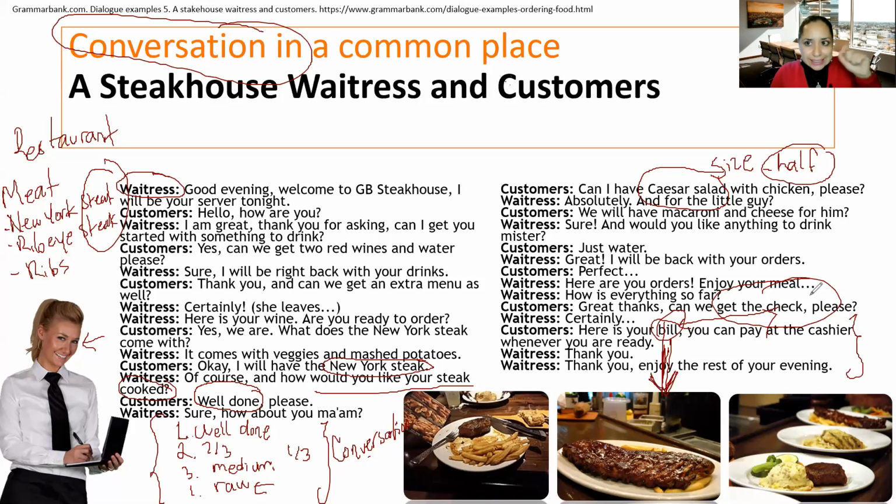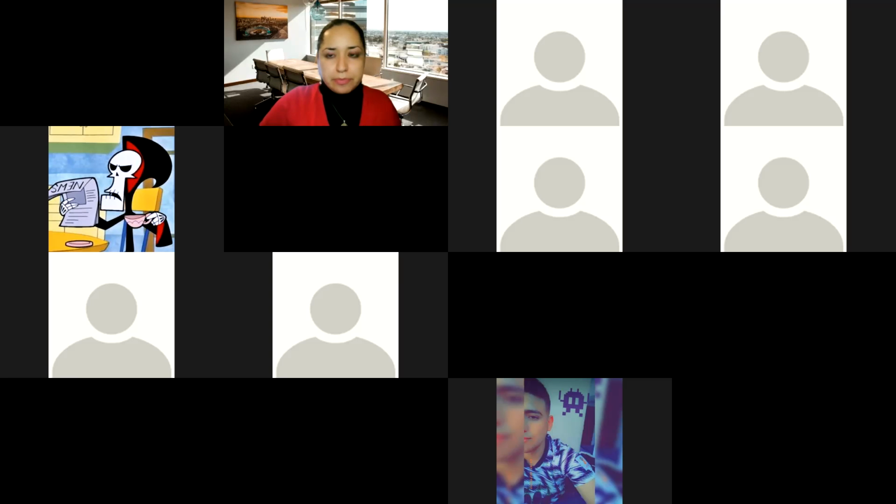Sometimes it's about a movement that you do. You go and look for your waiter, and then you make those movements. That means the check, the bill. So that's also part of your conversation, even though you're not speaking.